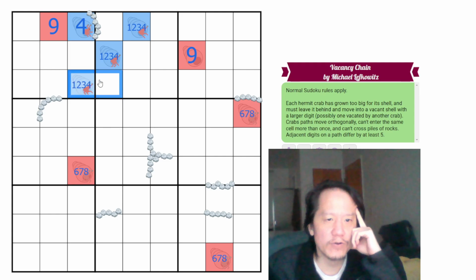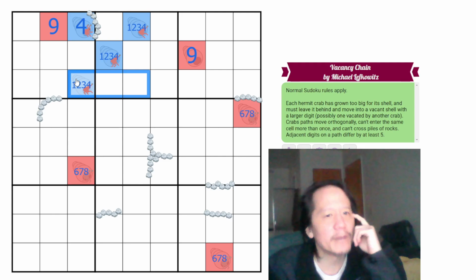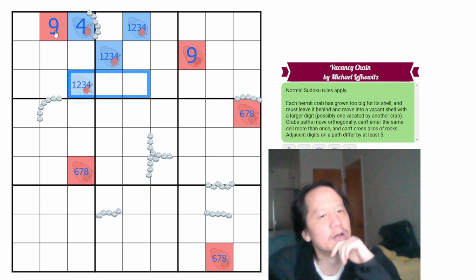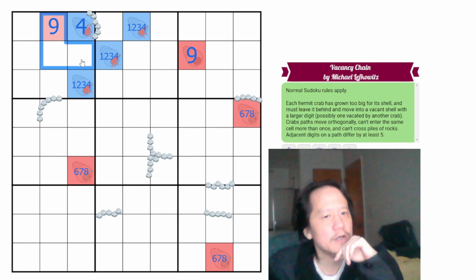So yeah, you're always going from a smaller to a larger one. It's never entering there, right? If you think about it. So that means you can't have the same crab path enter in this way, right?